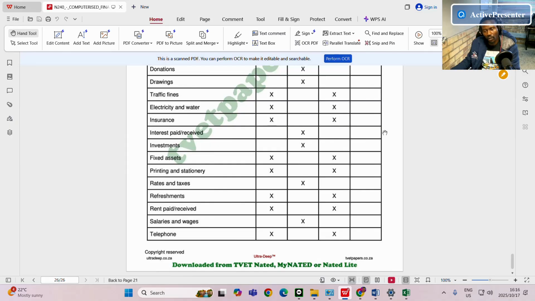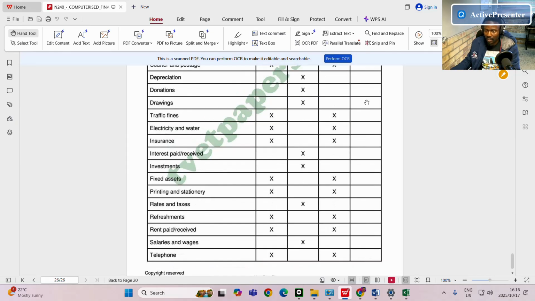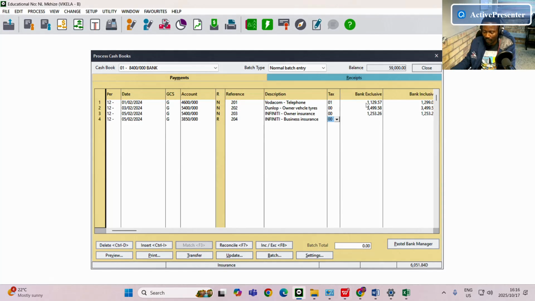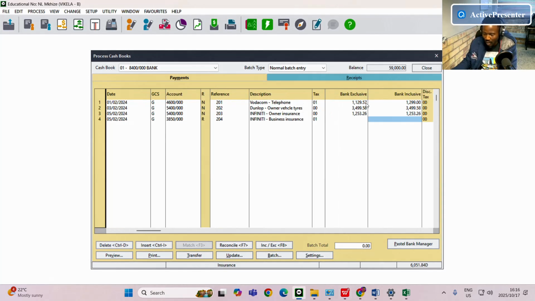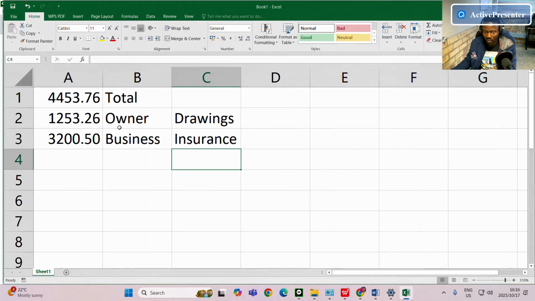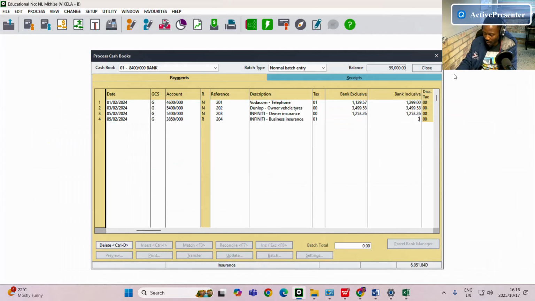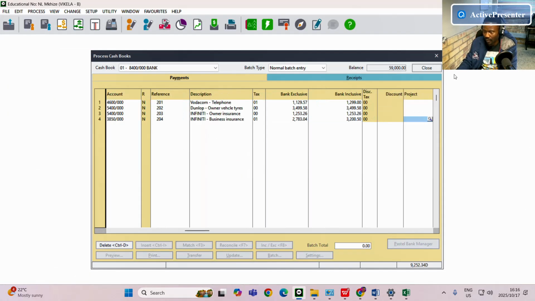Yes, I do know it's involved, but I just want you to get used to the addendum. So it is involved, yes, it's standard rated. So it's 1, enter. Obviously, the amount is calculated because you have to take the 4,453.76 minus the owner's payment, which is 1,253.26, and then you get 3,200.50.